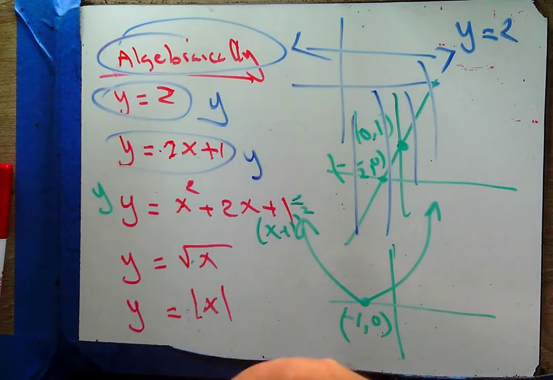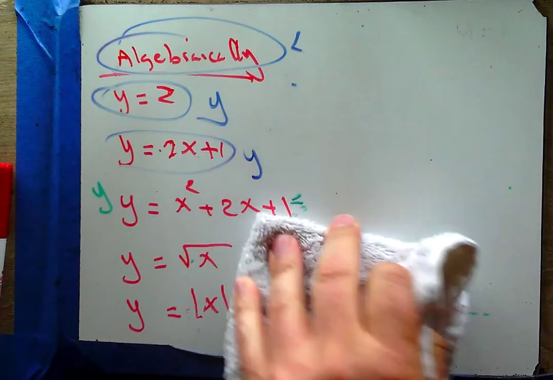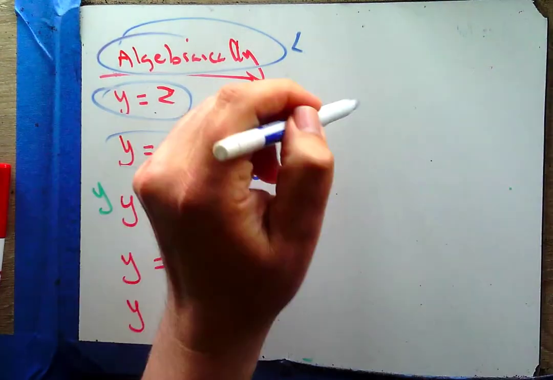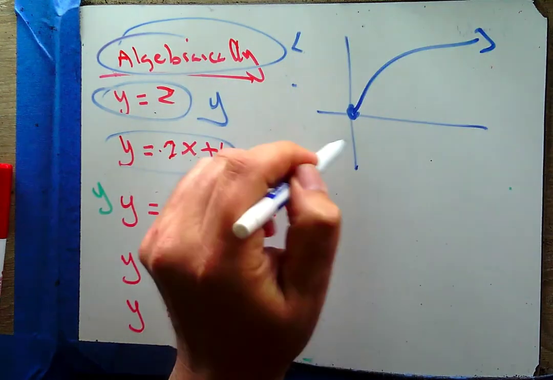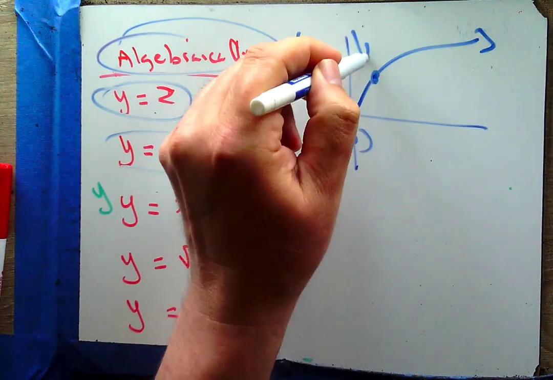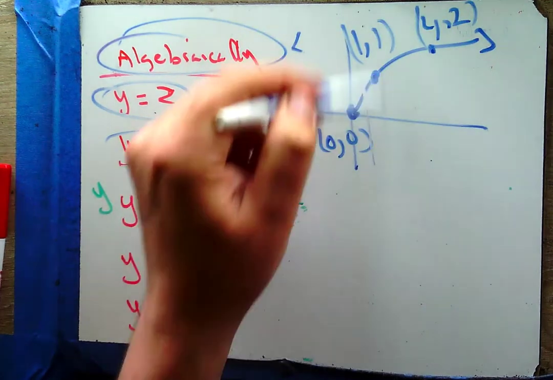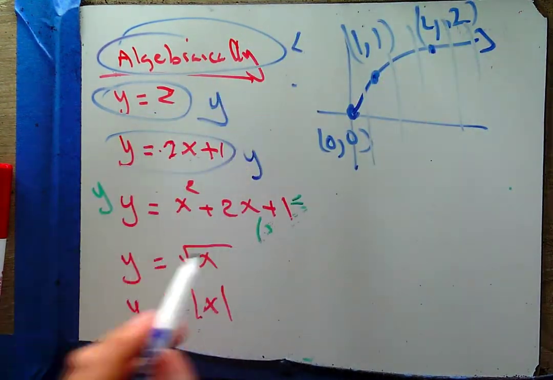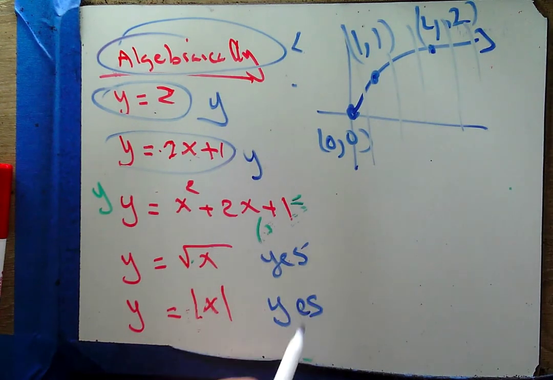Square root of x. Well, I know the square root of x has a restricted domain, but that doesn't mean square root of x isn't a function. Here's my square root of x. 0, 0, 1, 1, 4, 2. Sure, look, vertical lines only touch once. And that's the same here with absolute value of x.